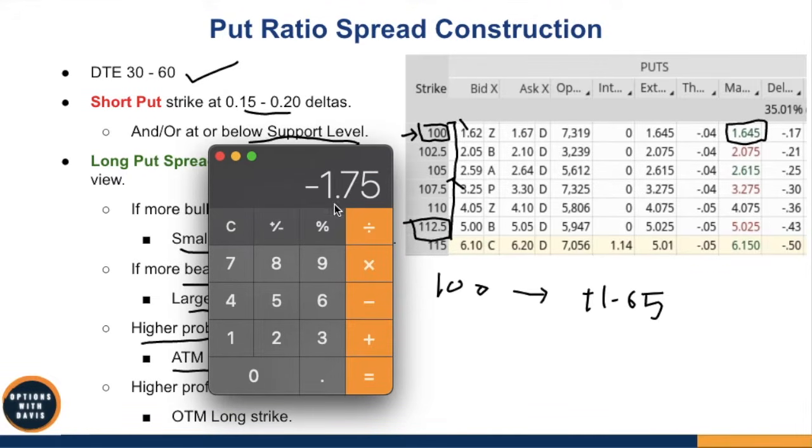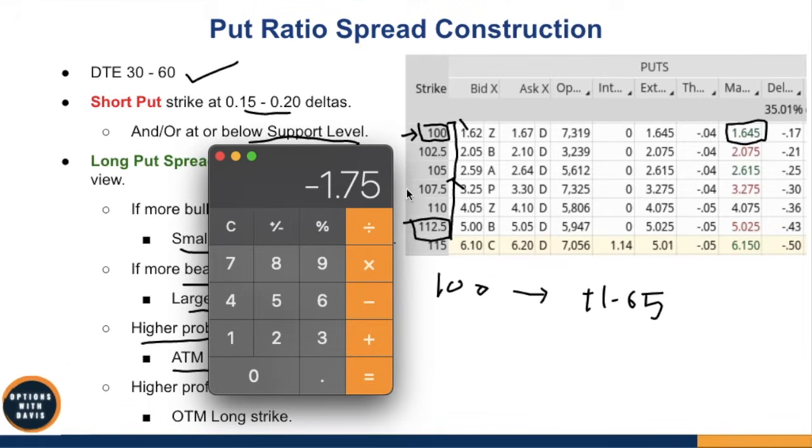So in this case, you can see we have to pay $1.75 for this long put spread of 112.5 to 107.5, right? If we were going to buy these two strikes for our long put spread, then it's going to be a debit, right? Because we're going to receive $1.65, we're going to pay $1.75. That's going to give us a net debit of 10 cents, right? We're going to pay 10 cents to construct this put ratio spread, which is ideally not what we want.